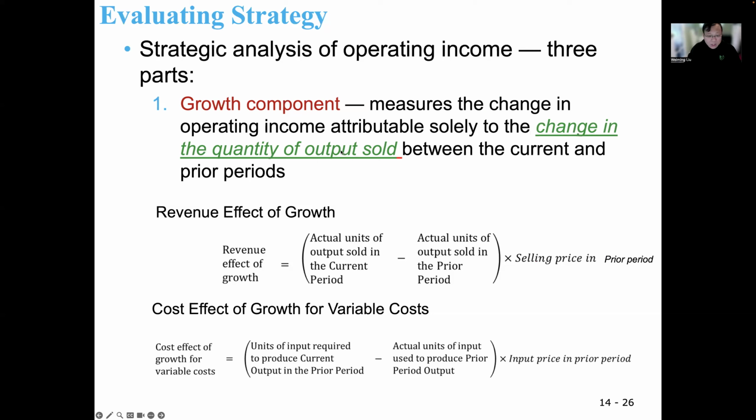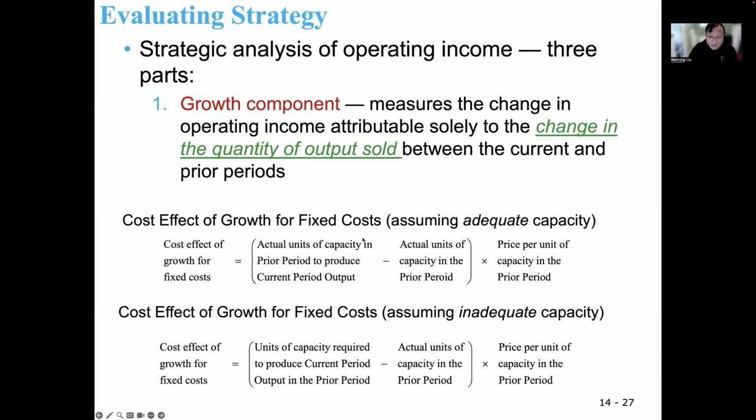We have formulas for the effect of this growth component: revenue effect, cost effect for variable cost, and also two formulas for fixed cost, depending on whether the capacity is adequate.